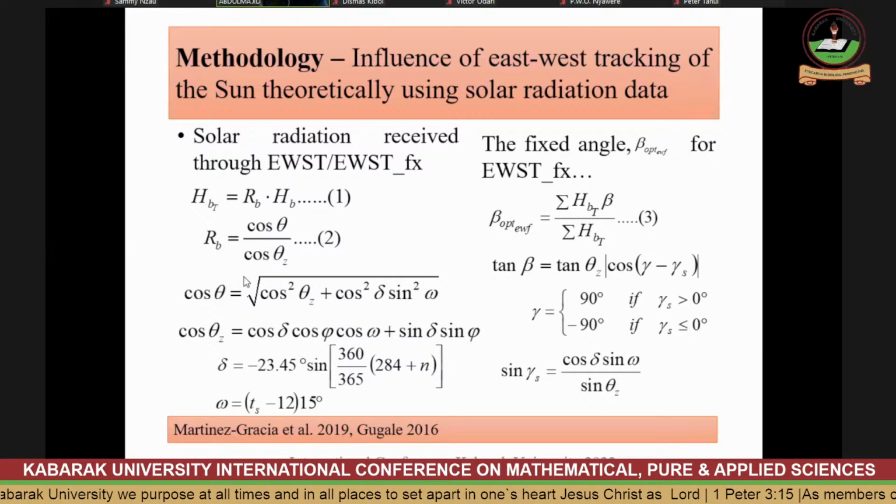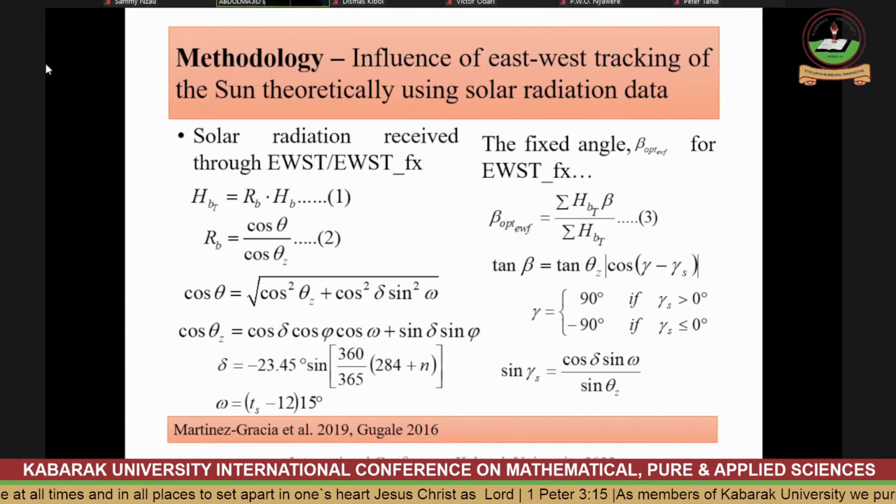But equation 1 was used to determine the beam solar radiation on a tilted panel based on the horizontal beam solar radiation. HB is the radiation on the horizontal panel.